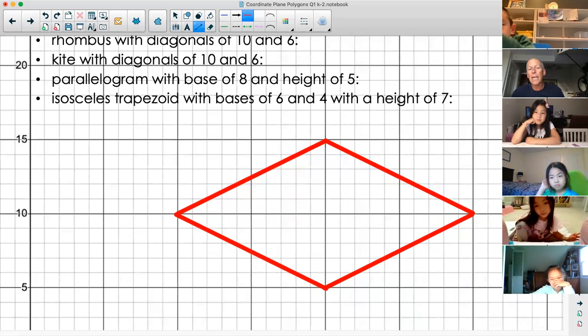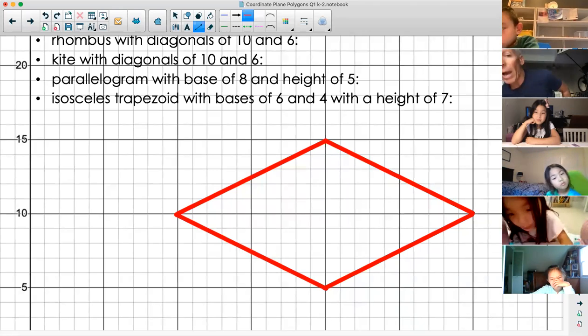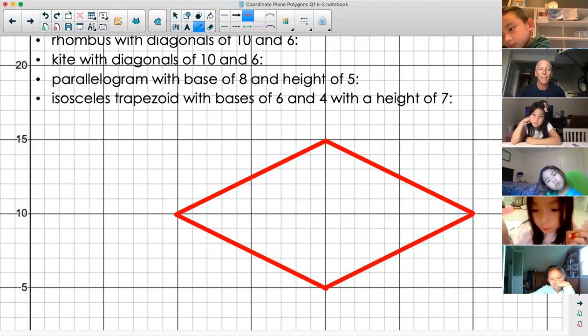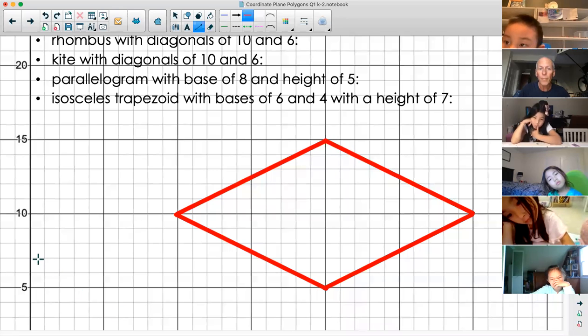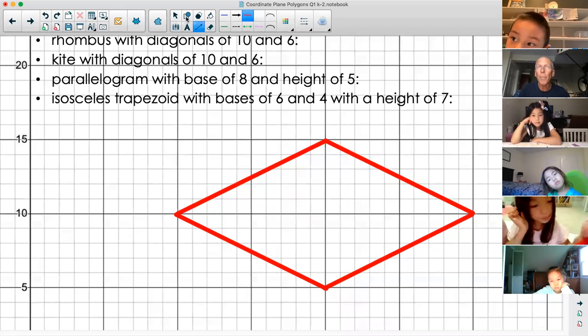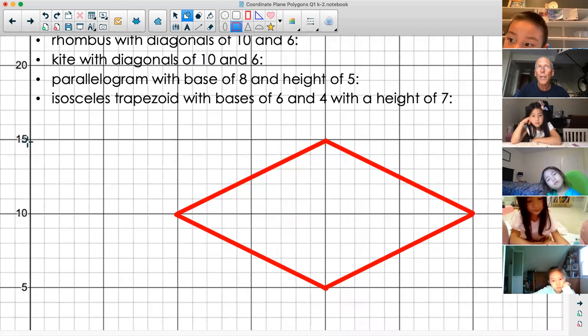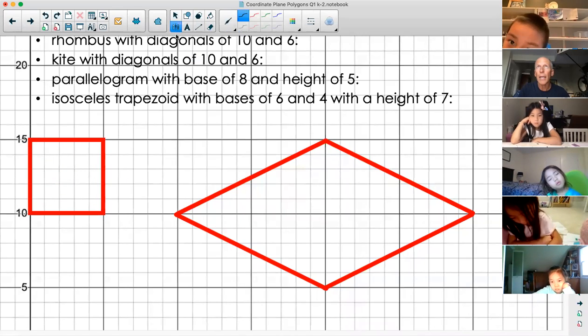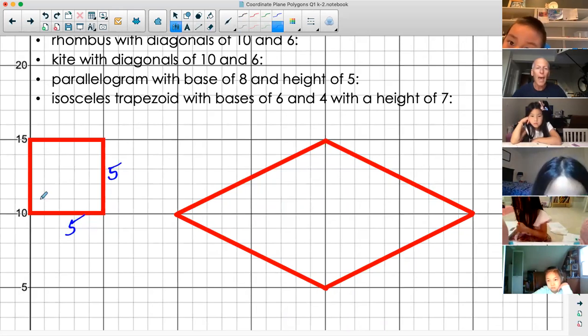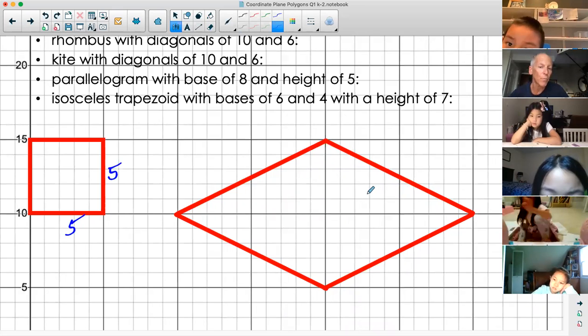Who thinks they could name that rhombus by the length of its diagonals? And I also want to make sure you know that this square right here is a 5 by 5 square. And that might actually help you solve the diagonal problem on the rhombus.